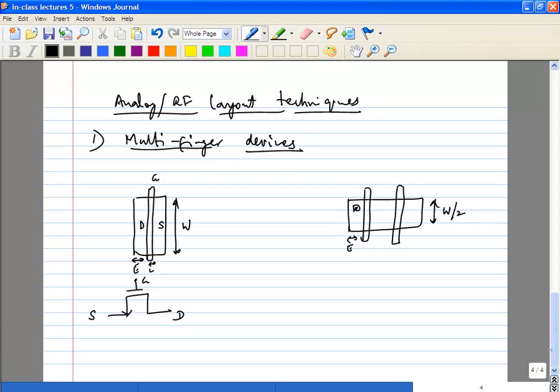So you may want more contacts in some cases, but in most cases, let's say we'll just consider this. And you normally prefer to do it this way. Actually, let's draw it slightly differently.